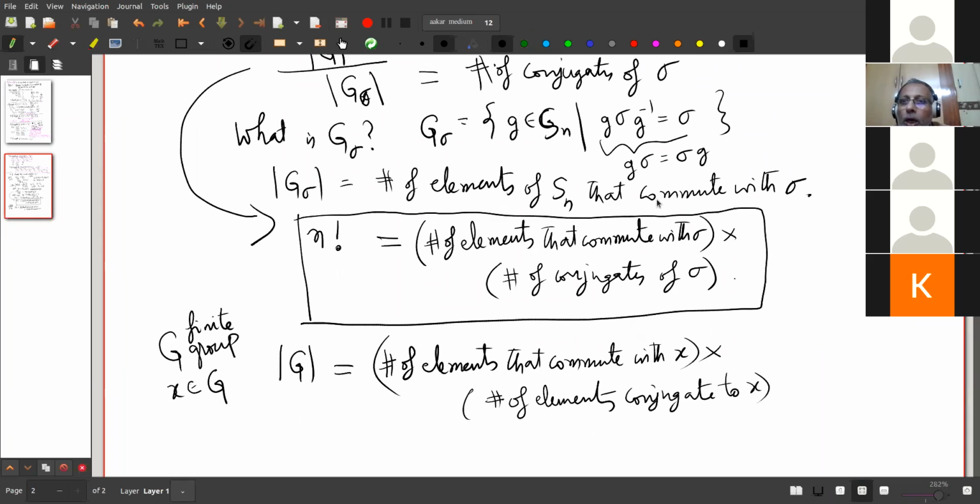These two are reciprocal with respect to the cardinality of the group. That is, together they multiply to give the cardinality of the group. This is a relationship which is very fundamental and very beautiful. And so if you disregard this relationship, then you are losing something.